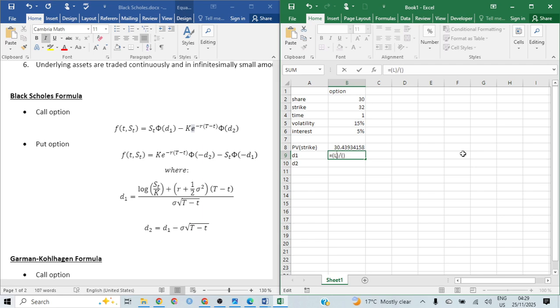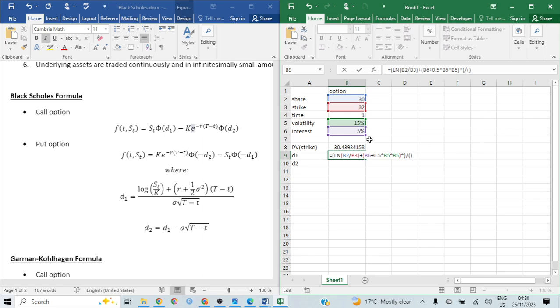In my numerator, I'll have ln of, inside the first bracket, S_t, the share price, divided by K, the strike price, and then plus, sorry, made a mistake, the plus is outside here, plus the rate of interest, 5%, plus 0.5 multiplied by sigma, the volatility, squared, so I'll multiply by 15% twice, or you could just raise to the power 2, and then multiplied by the time.